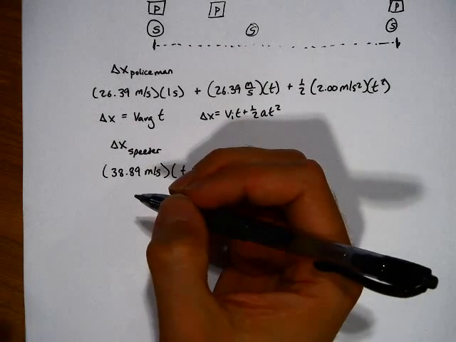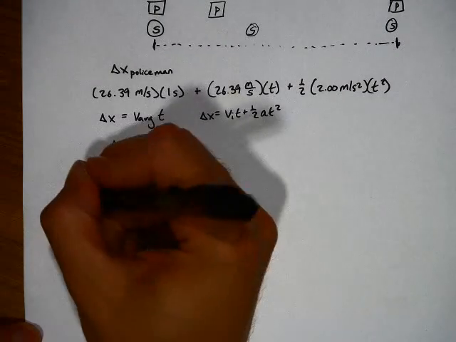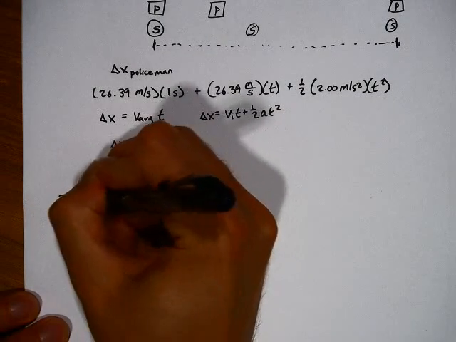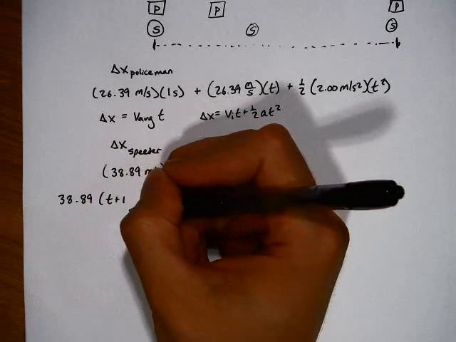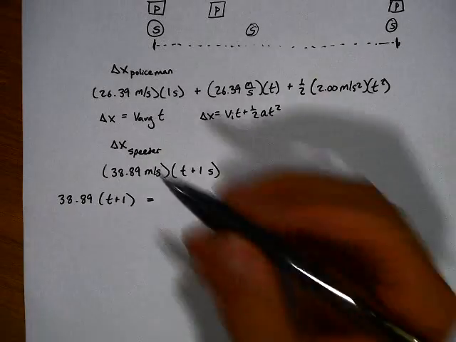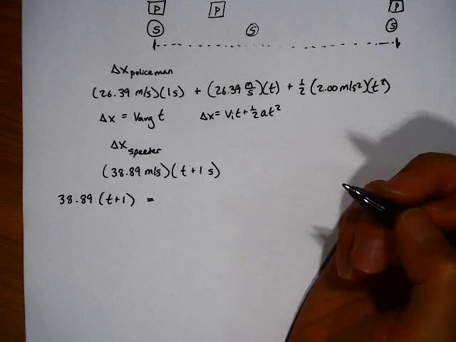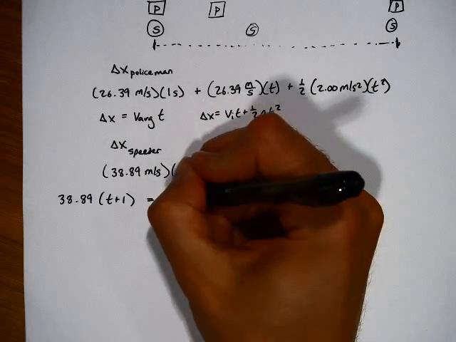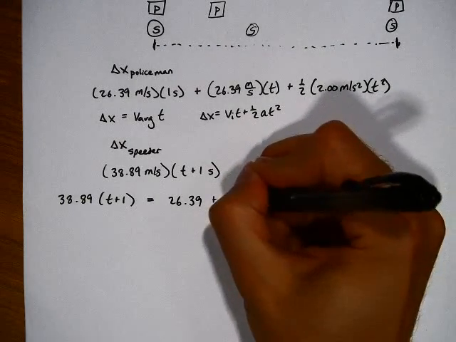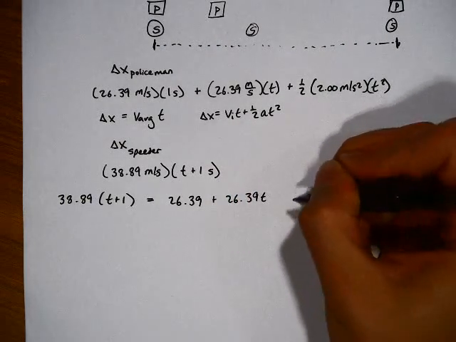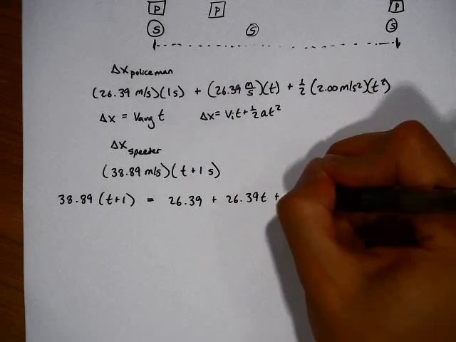So we say, and I'm going to drop the units just because it gets tedious and it's going to make it easier to make a mistake. We have 38.89 times (t plus 1) equals 26.39 times 1, or just 26.39, plus 26.39t plus 1/2 times 2, but 1/2 times 2 is just 1, t squared.